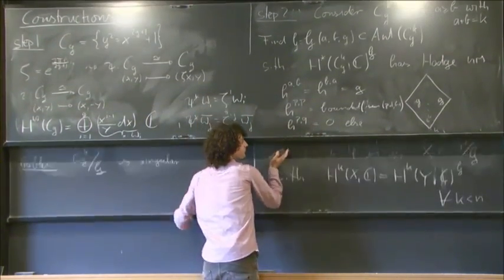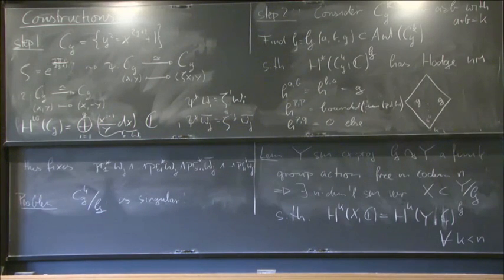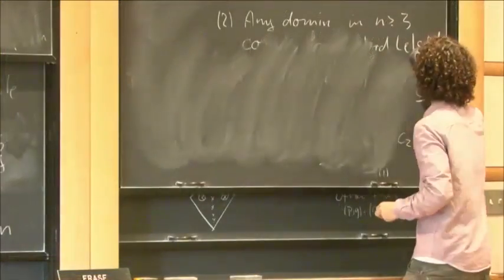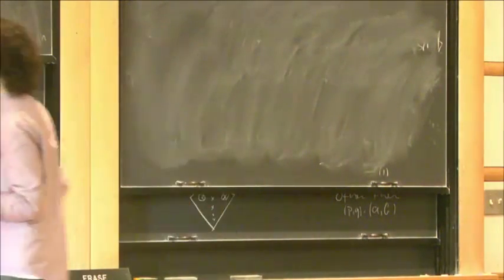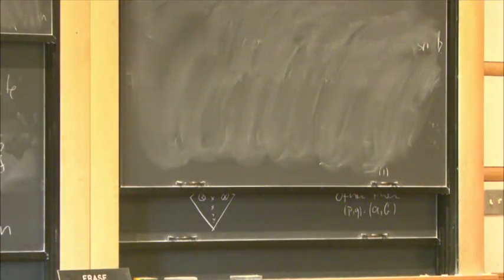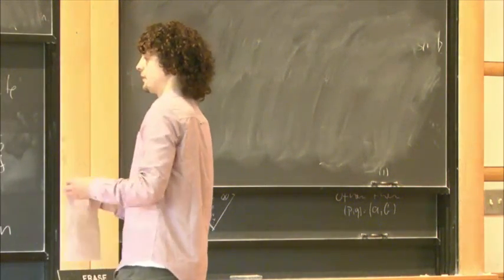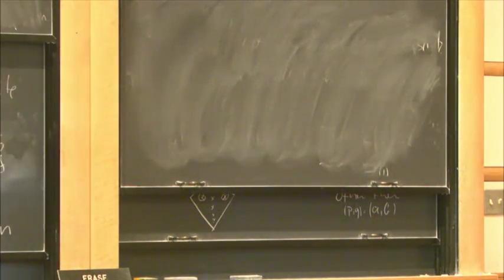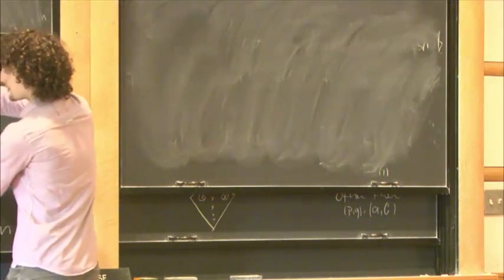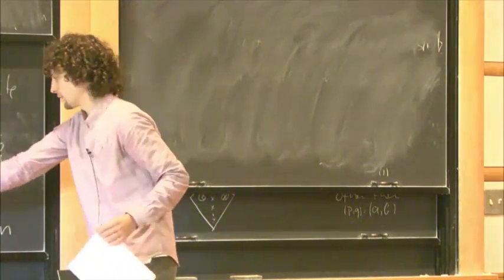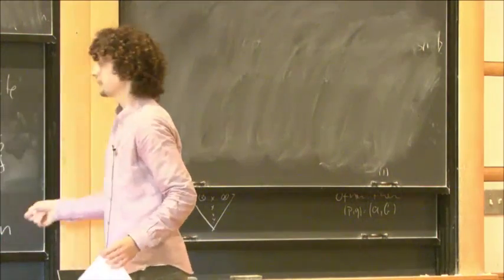Maybe I continue here. Okay, so using this lemma, we don't care about the middle dimension, and the reason is because we want to apply Lefschetz, and we want to apply this lemma, which only tells us something about the cohomology below degree n.